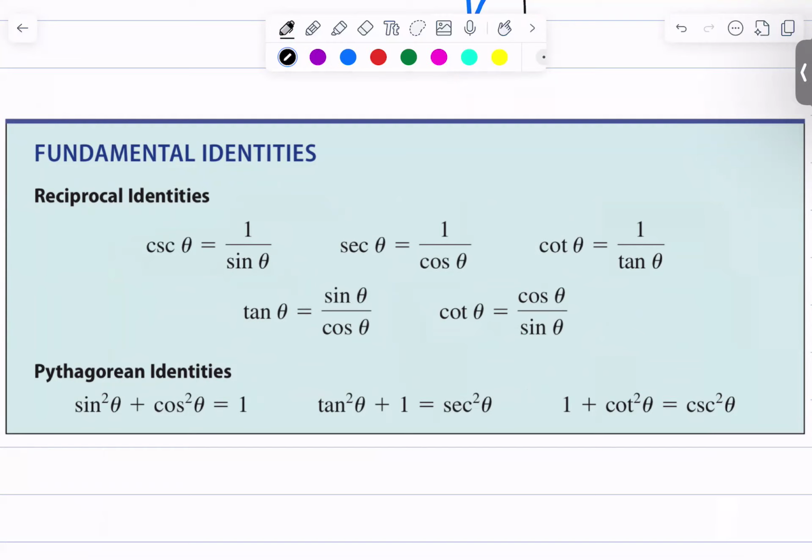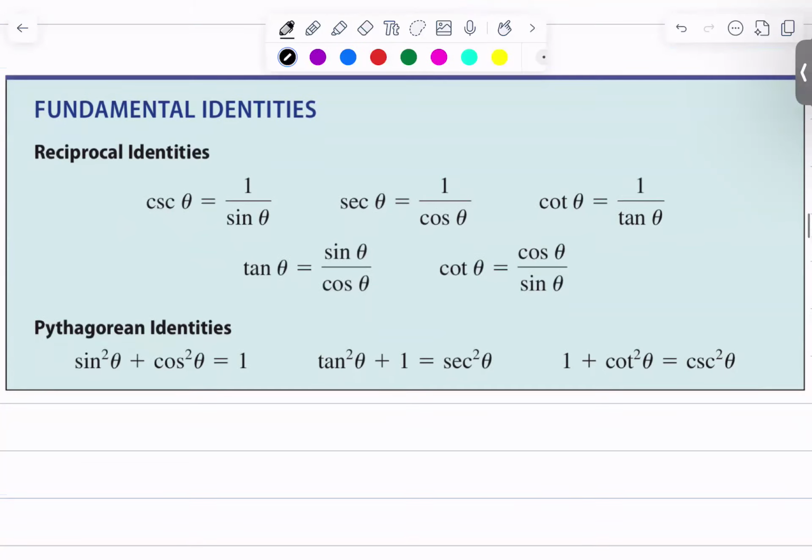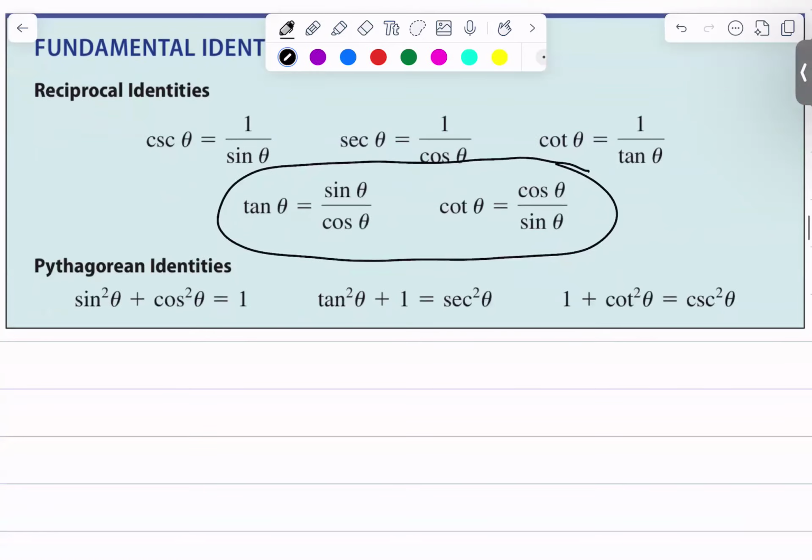Cotangent is 1 over tangent. The reciprocal identities are easy, right? The first three. These guys here are what we know so far. These two, the tangent and cotangent ones, I'm going to show you how that works.